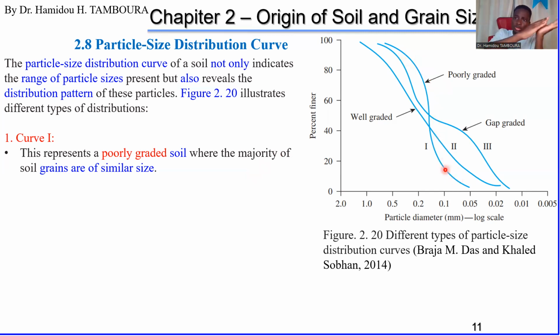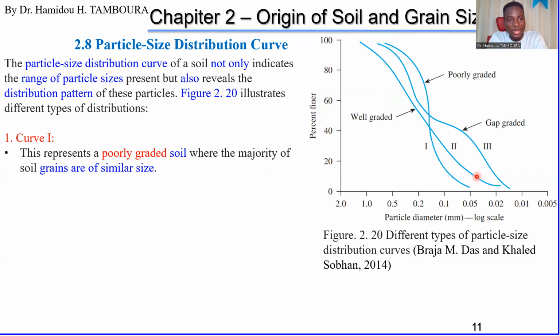It's not inclined like this, it's going to be vertical. It doesn't matter if it is here or here or here, it is almost vertical. It means that in this soil, all the grains have almost the same size. That's the meaning. So we call it poorly graded soil.